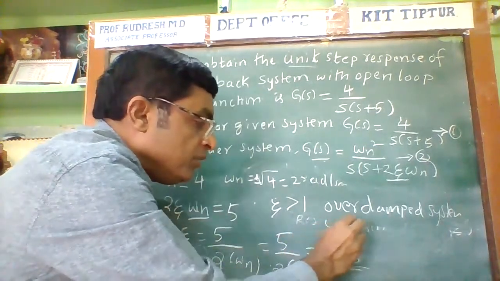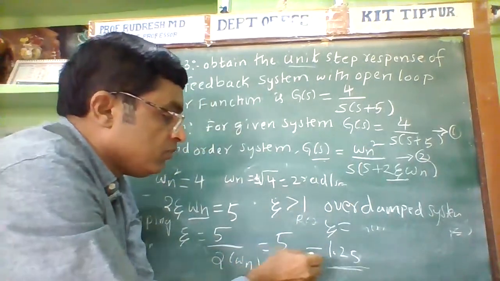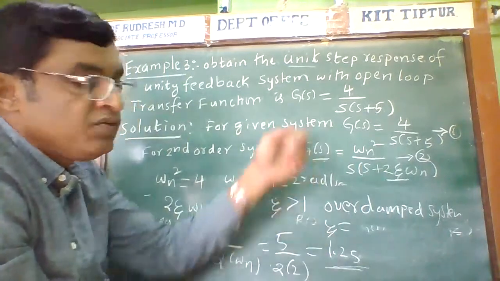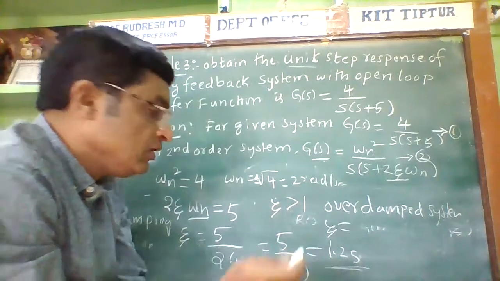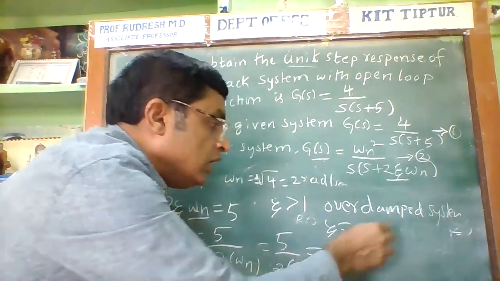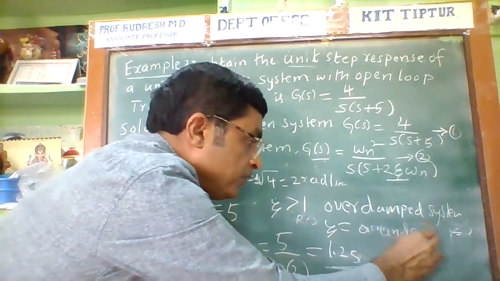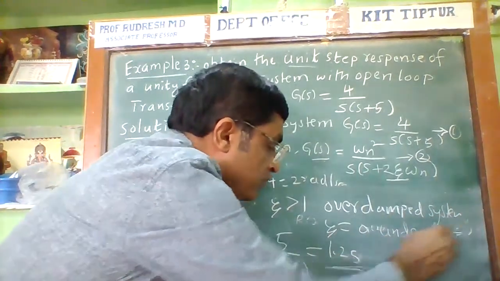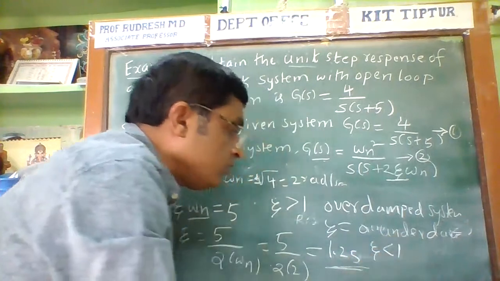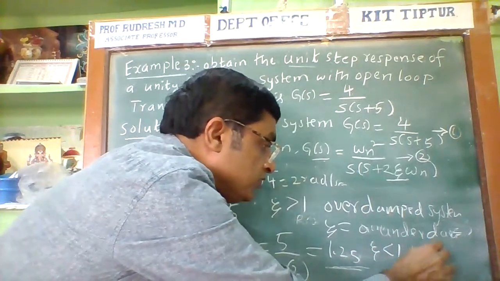Based on the damping ratio, we can find the given system is overdamped because the zeta value is greater than 1. For an underdamped system, zeta is less than 1.